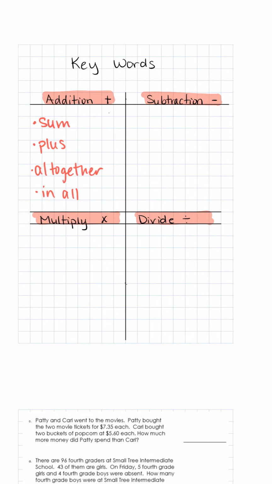Could be together. How about more? And, just the letter A, or the word and. Total. All can equal addition.